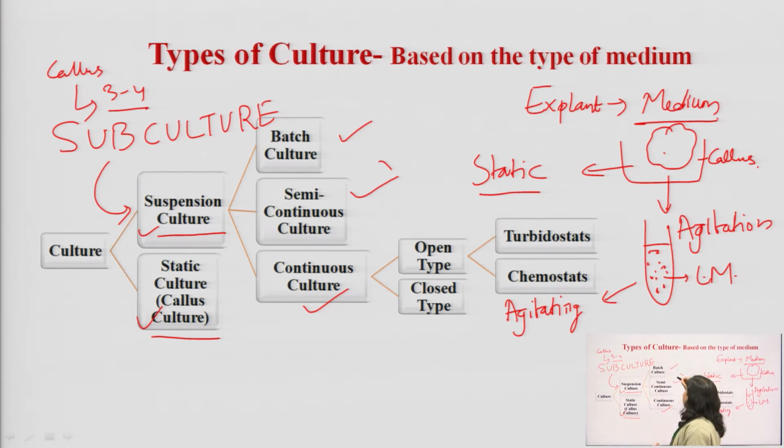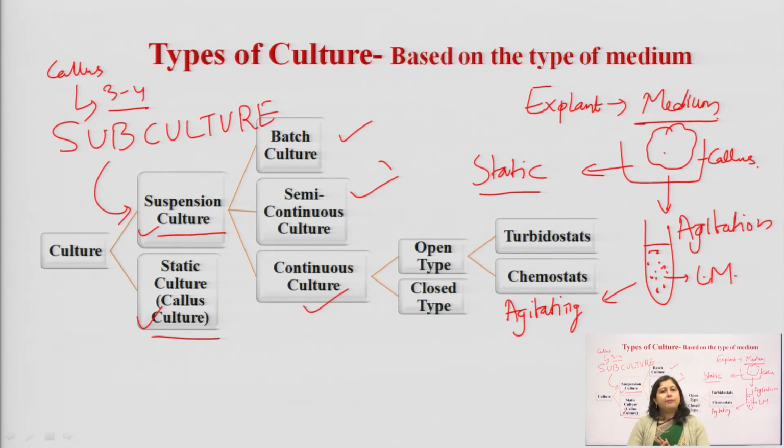In batch culture, what happens is that you have taken a fresh medium, you have placed a fresh callus, you have agitated it continuously, and after a period of say about 3 to 4 weeks, you remove the cells from the medium and transfer them into a fresh batch of culture, and then again the same process of agitation goes on.